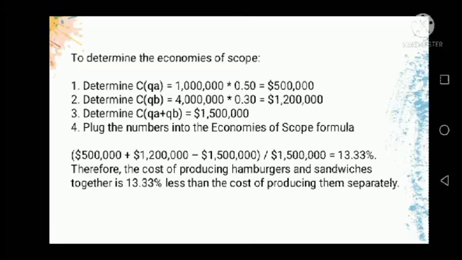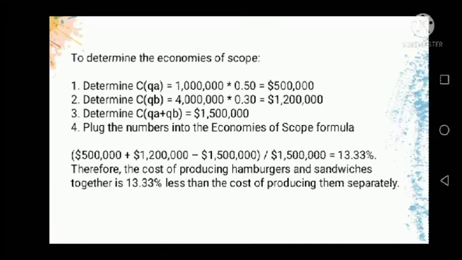To determine the economies of scope, determine C(QA) equal to 1 million times 0.50 equal to $500,000. Determine C(QB) equal to 4 million times 0.30 equal to $1,200,000. Determine C(QA plus QB) is $1,500,000.